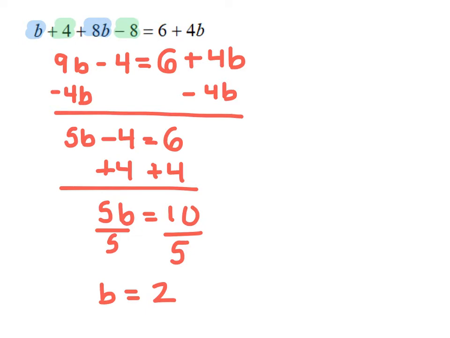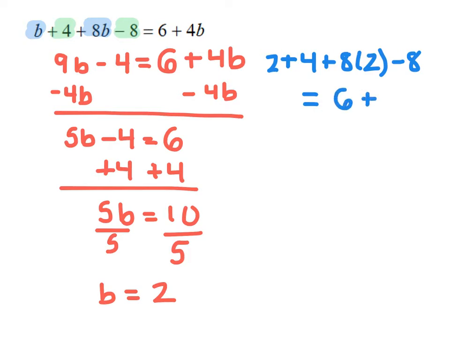Now I have to check my answer. So I'm going to plug everything back in. So I'm going to have 2 plus 4 plus 8 times 2 minus 8 equals 6 plus 4 times 2.